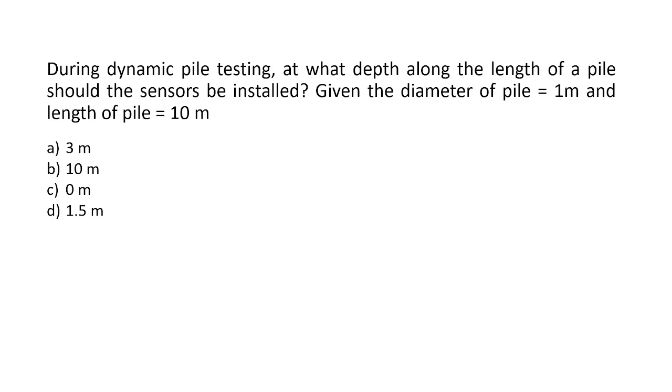During the dynamic pile testing, whatever sensors we need to install should be installed at 1.5 D from the pile head. The diameter of the pile is 1 meter, so 1.5 into 1 is 1.5 meter. So the correct answer will be D.